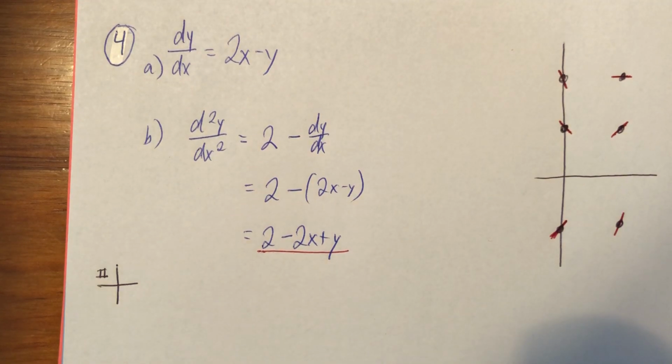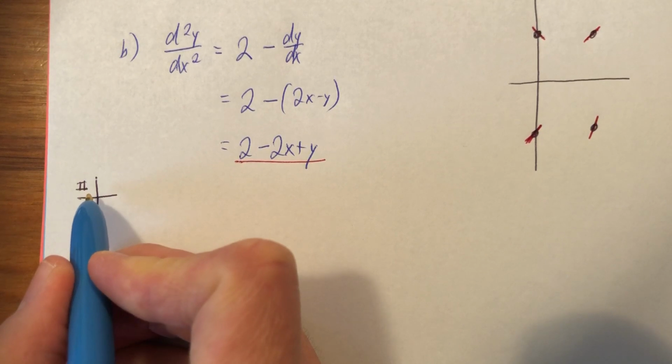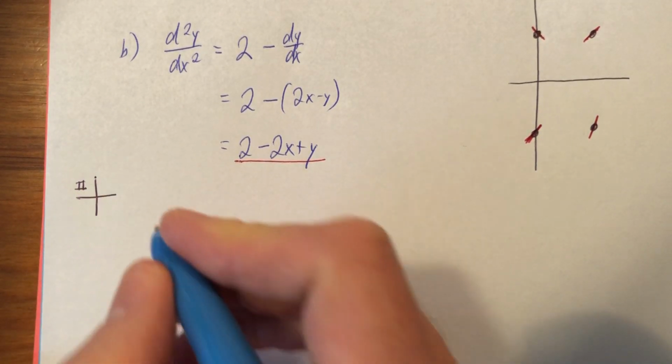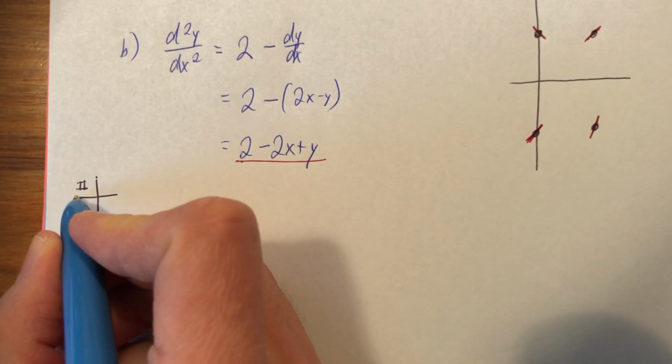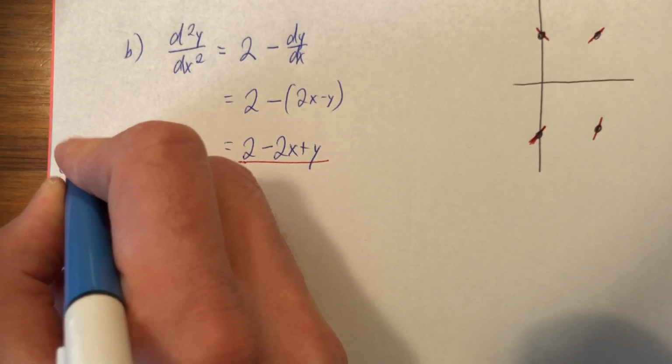So here goes. I'm just going to start talking my way through it and writing down what is going through my head, which actually might turn into my answer. Let's talk about what quadrant 2 is. Quadrant 2 is a location where all the x's are negative and all the y's are positive. So we could say it's negative comma positive there.